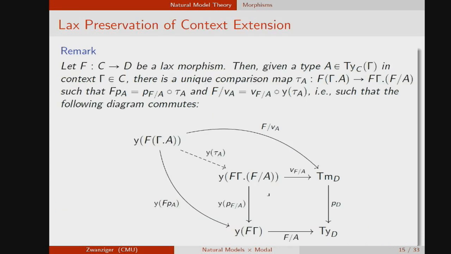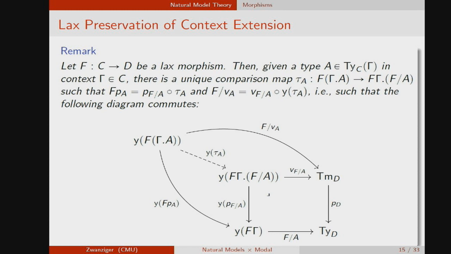Okay, so we have lax morphisms, and now we want to define morphisms. From the notion of lax morphism, there are two ways that you can port types over and then realize as a context extension. If you have a type A, you can form this F/A, which is F applied to A, and then realize it as a comprehension.